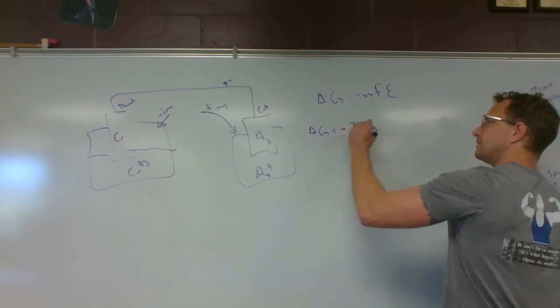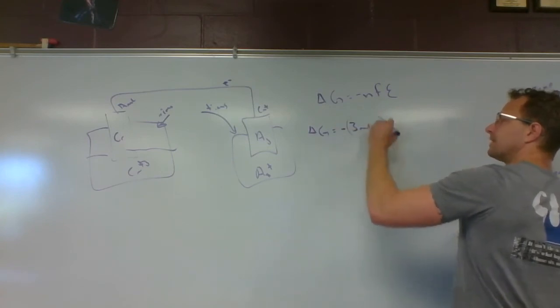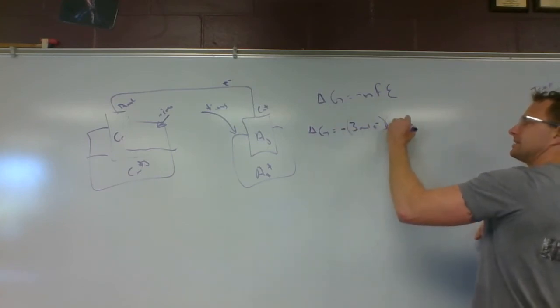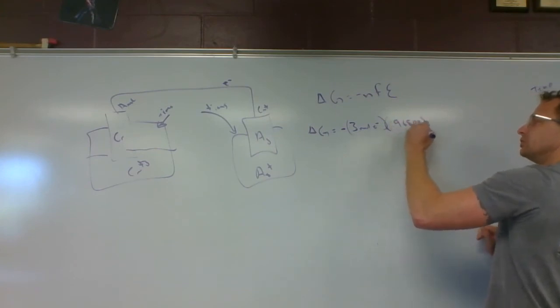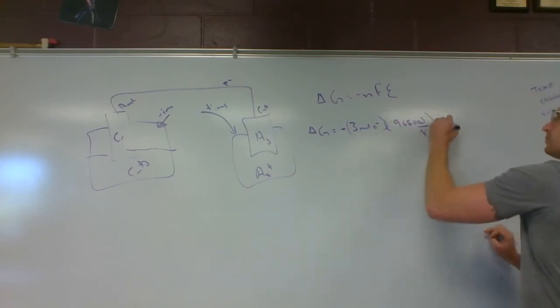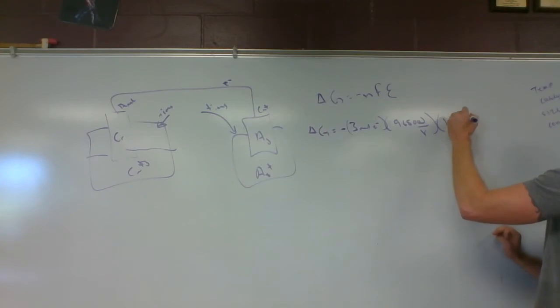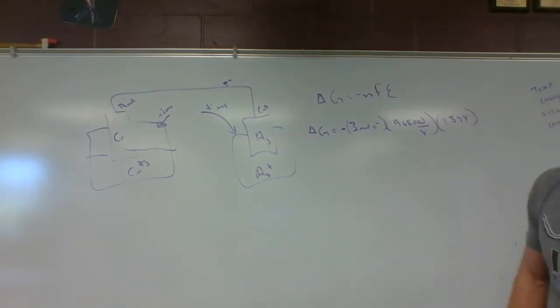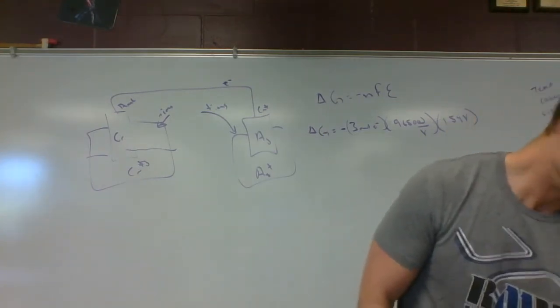So we'd say 3 moles of electrons times Faraday's constant, which is 96,500 joules per volt, times 1.54 volts. It was 1.54, wasn't it? Yep, 1.54.